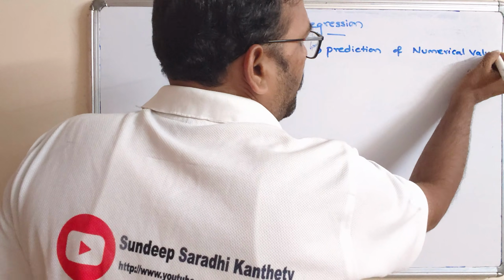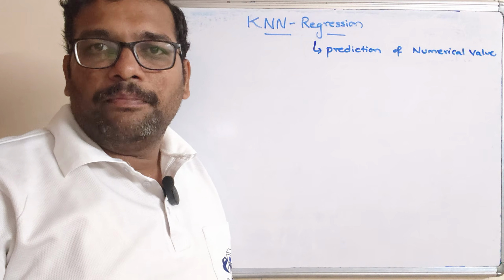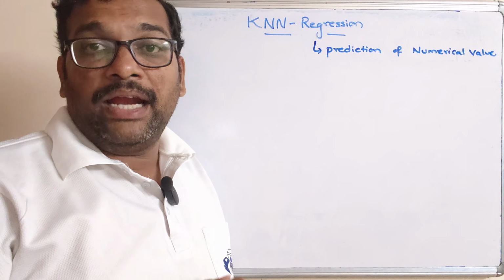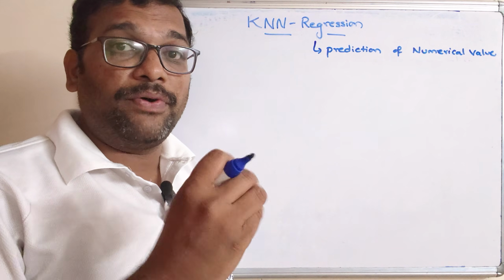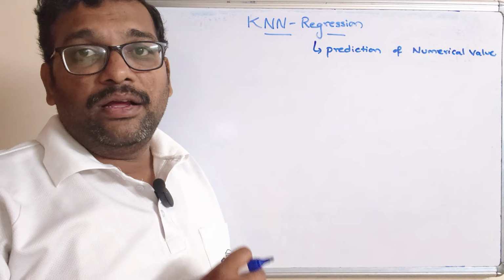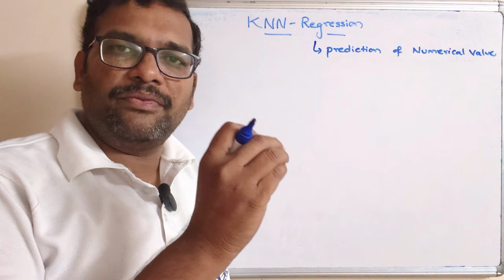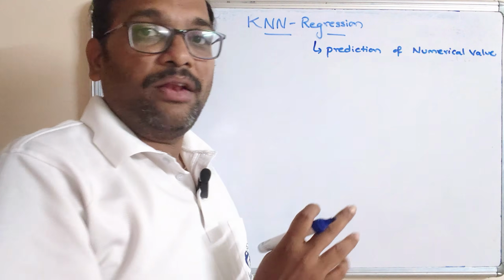For example, predicting the percentage of a student based upon the number of hours the person studied. In classification, based upon the number of hours studied, it will predict the category, whether the person fails or passes. But regression will give the numerical value.